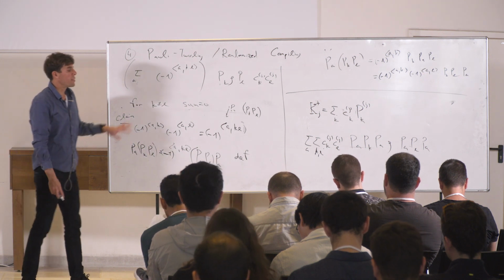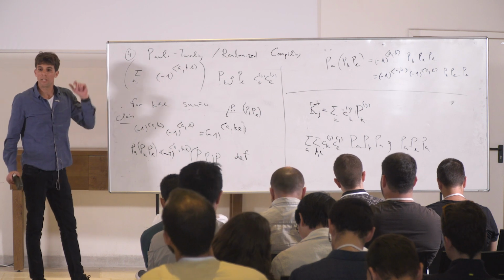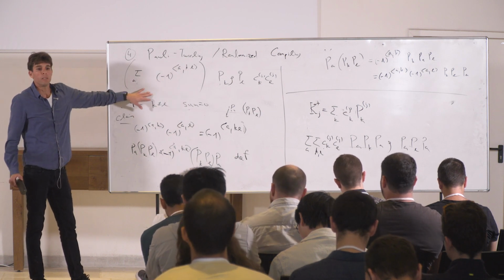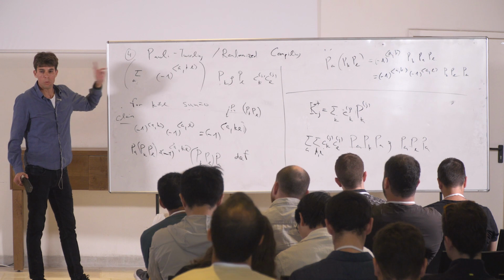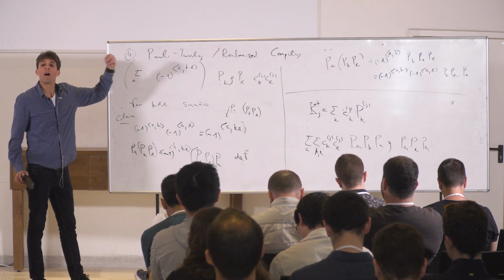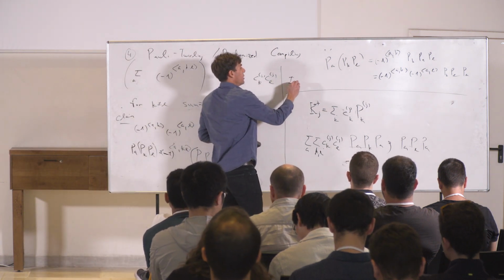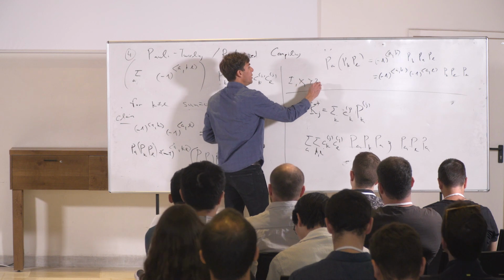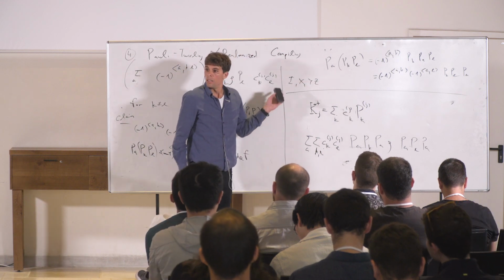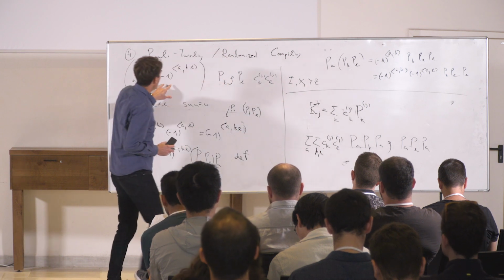Think about the Paulis: I, X, Y, and Z. Each Pauli operator commutes with exactly two other Paulis. If I take I, X, Y, Z, then I get this sum.